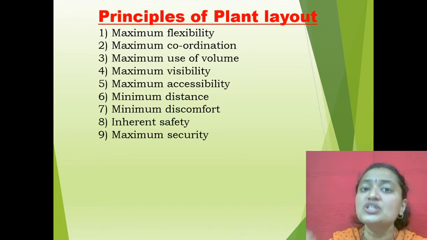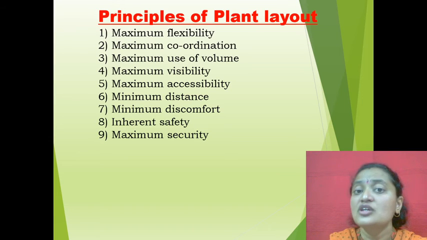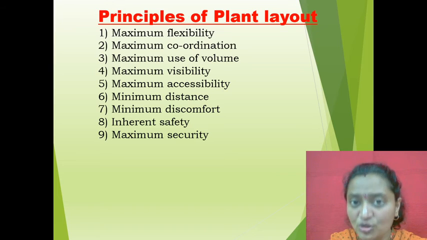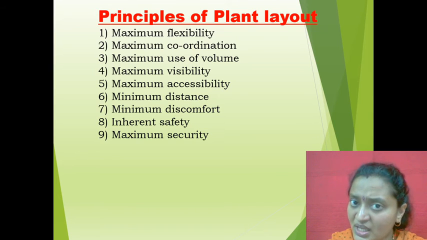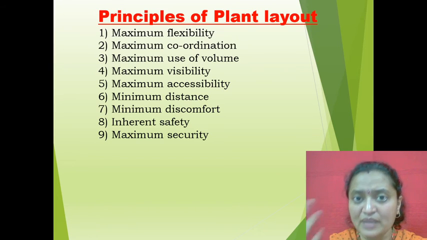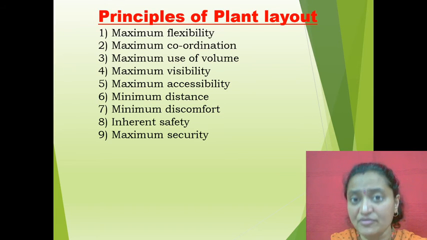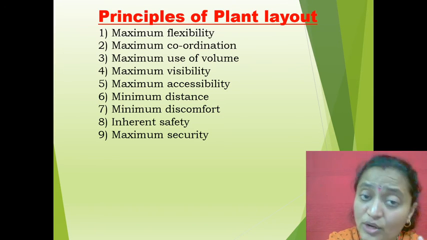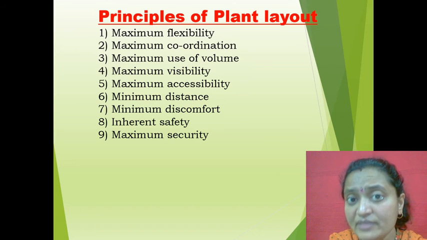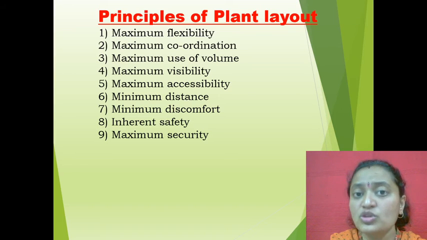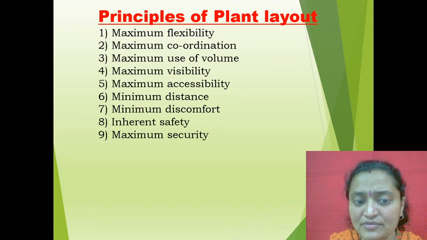At that time, safety measures are to be provided to the employees. They should be provided a proper helmet, then hand gloves. Whatever the safety measures, or you can also consider them safety devices, should be provided to the employees so that they can remain safe.